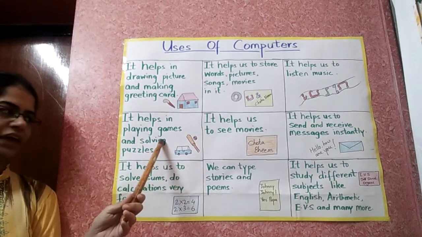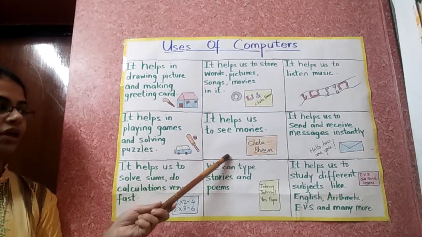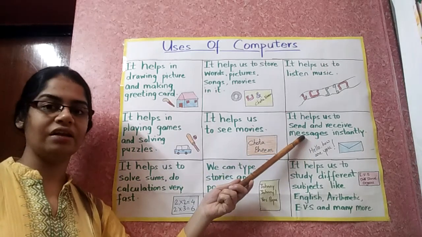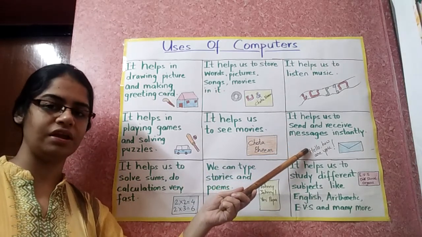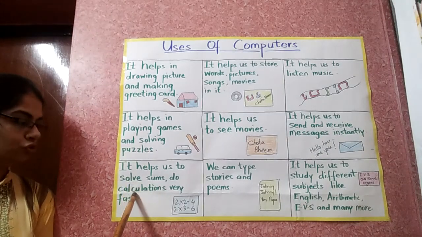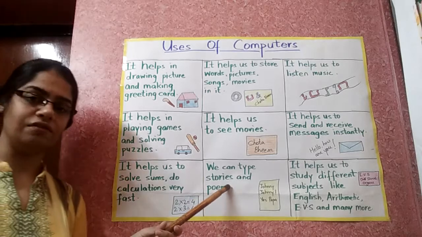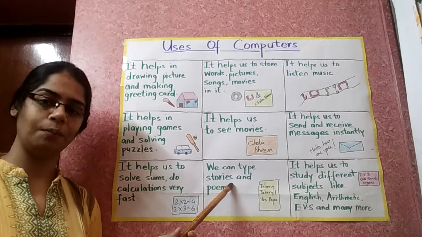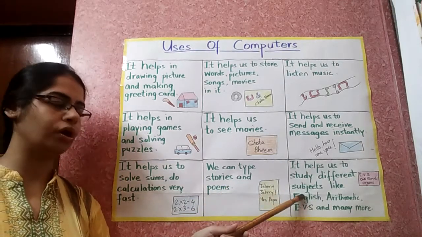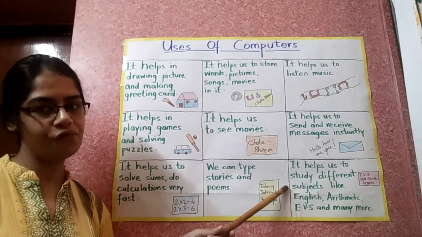We can play games and solve puzzles. We can also see movies. We can send and receive messages instantly. And we can solve the sum and do calculation very easily and fast. We can even type stories and poems. And the last one, we can do our studies also with the help of computer.